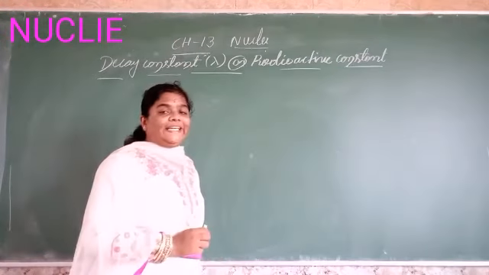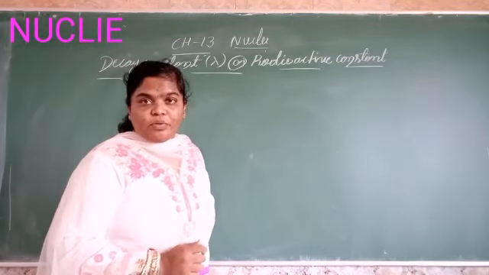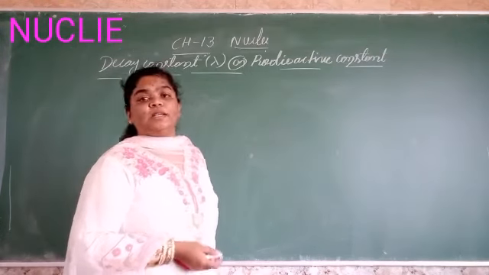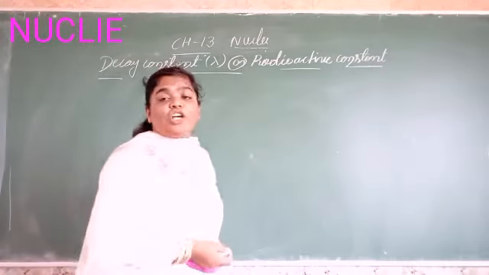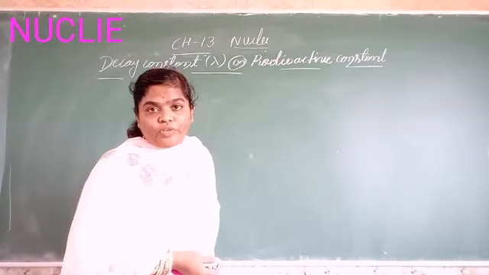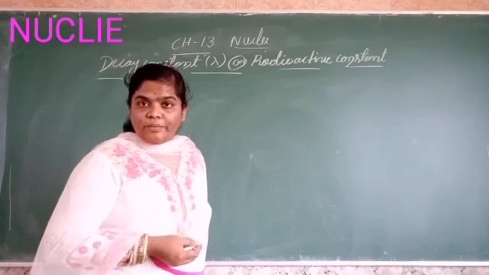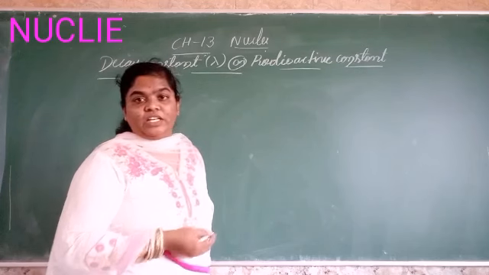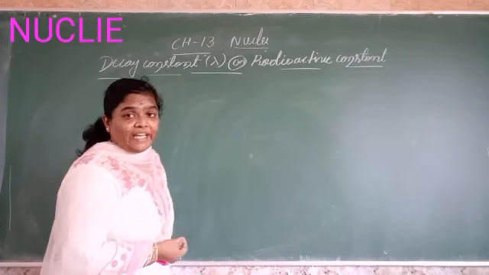Here, the decay constant is the reciprocal of the time during which the number of atoms decreases to 1 by e times the initial value of the atoms. In a radioactive sample, the number of atoms keeps decreasing to 1 by e times the initial value. So that is called the decay constant.